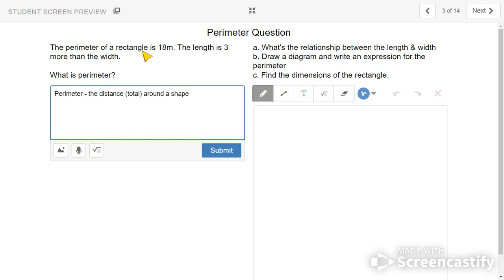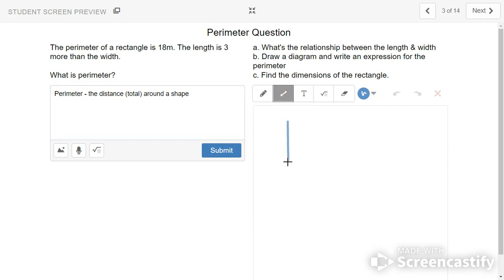The shape that we're dealing with is a rectangle here. So if I were to draw a rectangle, I have two sides that are the same and two other sides that are the same. So I know that these two opposite each other have to be the same. I also know that these two are going to be the same.